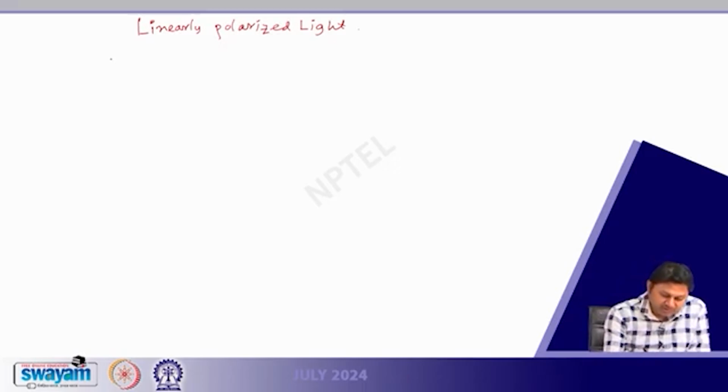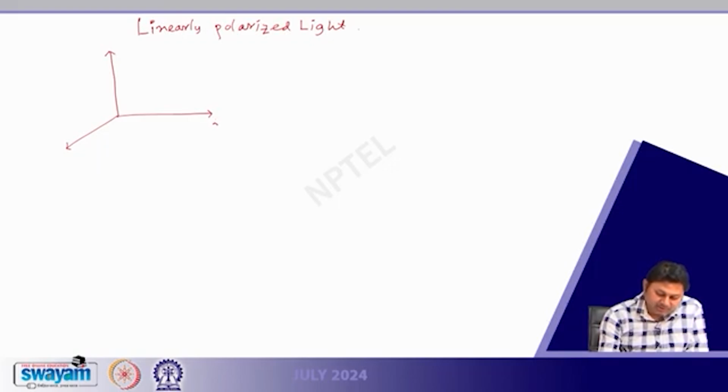Linearly polarized light. So, how are we going to define linearly polarized light? Let me first draw the coordinate system, because polarization is all about the direction. So, we have to be very careful about drawing this electric field. So, x, y, and suppose this is z.